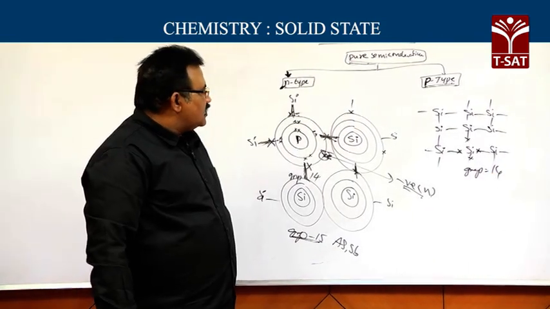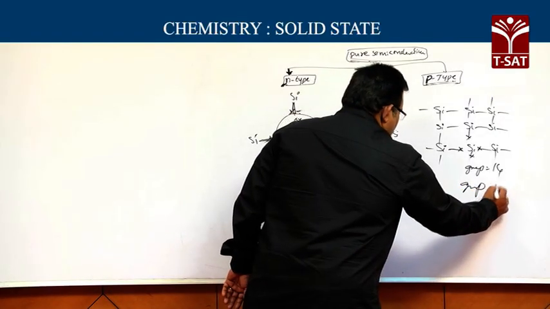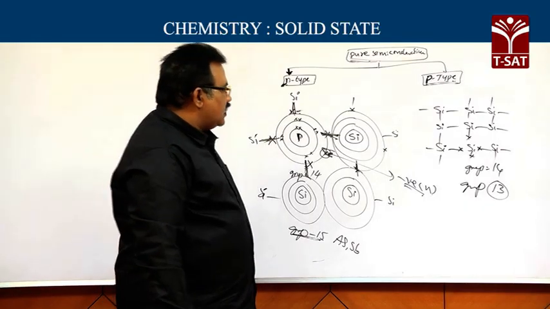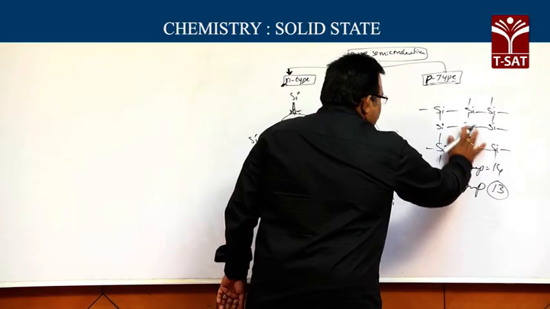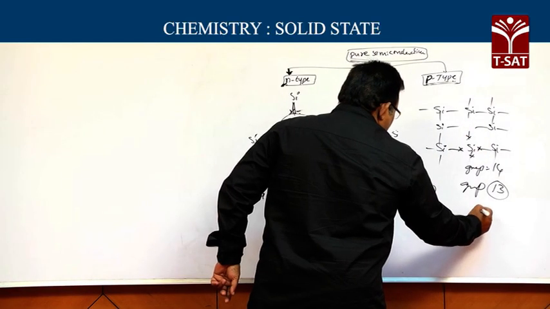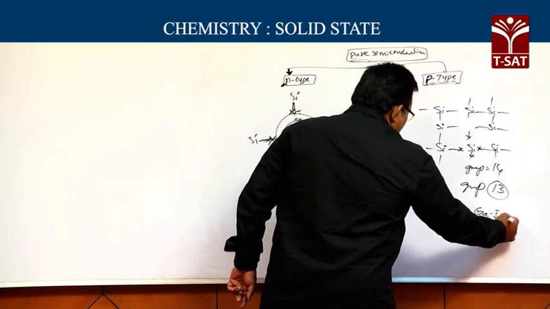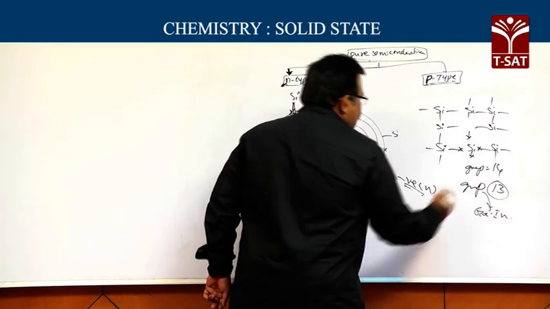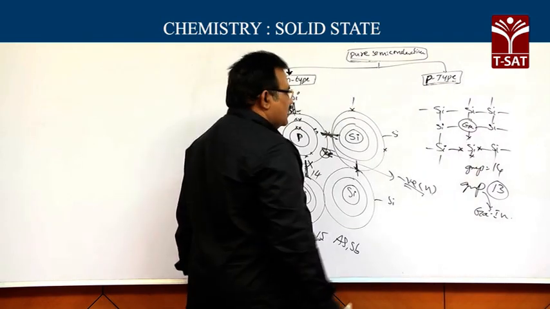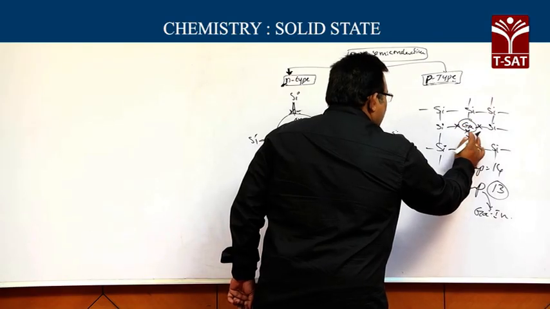We are doping the semiconductor with group 13. Group 13 elements have only 3 valence electrons. Suppose here I introduce gallium, indium, types of 13th group elements, then what happens, let us see. Suppose gallium is introduced. It has only 1, 2, 3 valence electrons.